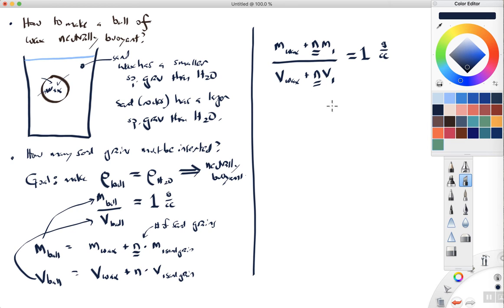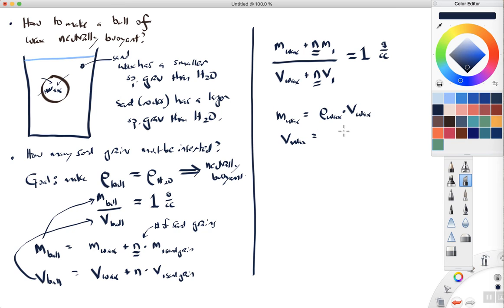Okay, well, what is the mass of the ball of wax? Well, the mass of the ball of wax is going to be equal to the density of the wax times the volume of your ball of wax. And what's the volume of the ball of wax?